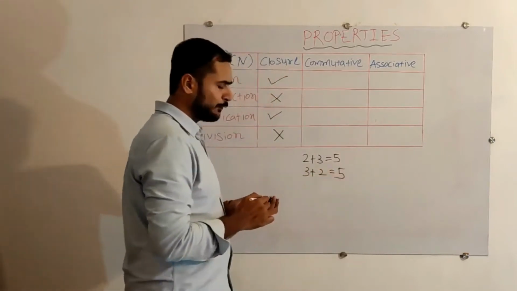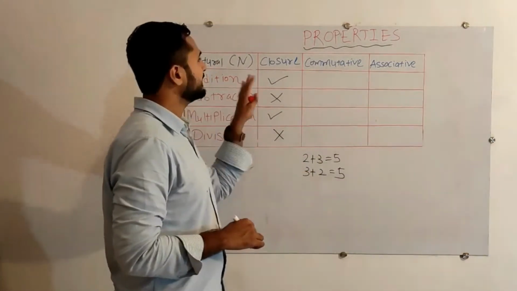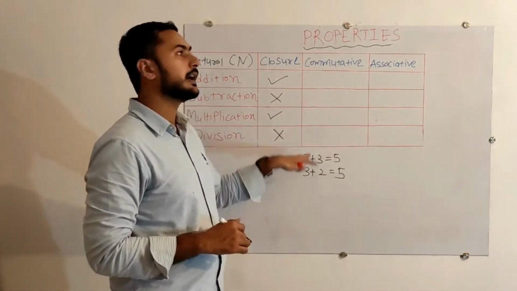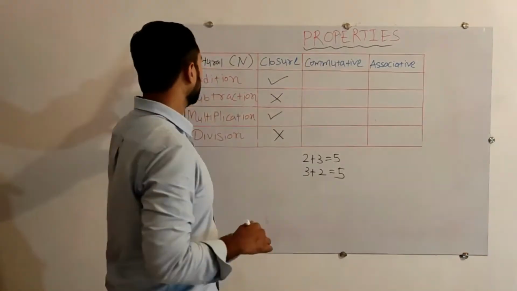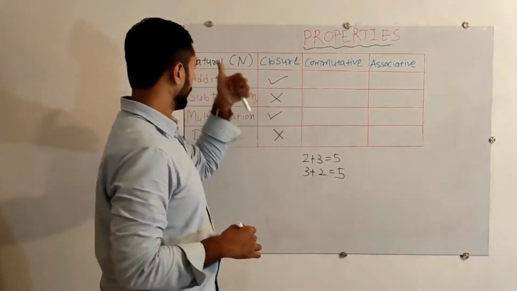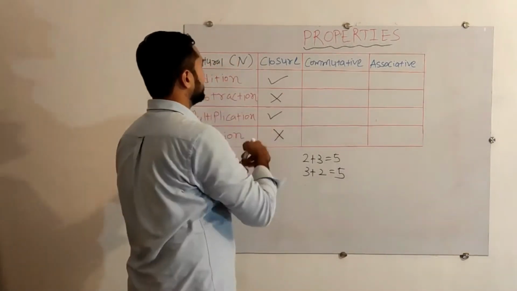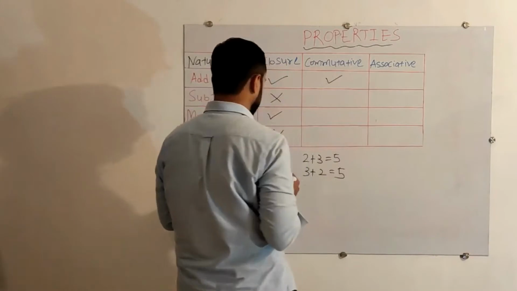Answer is 5. If we get the same answer, it means addition is commutative for the natural numbers. So here for addition, yes, it is.